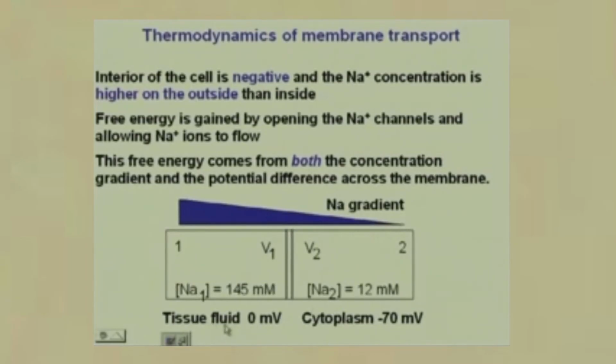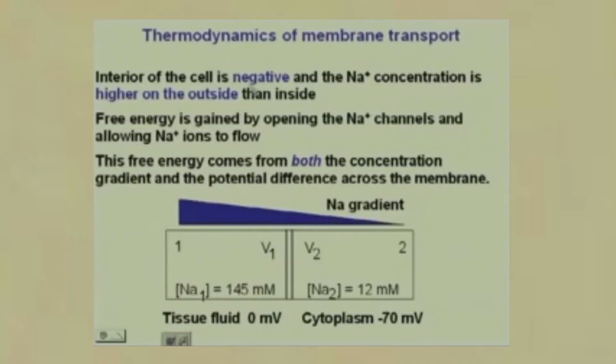So, the tissue fluid has 0 millivolts. The cytoplasm has minus 70. Now, where has this minus 70 come from? It has come because of the ion concentrations being different on either side of the membrane. So, the interior of the cell is negative and the sodium concentration is higher on the outside than the inside. The free energy is gained by opening the sodium channels and allowing the sodium ions to flow. Why? Because your concentration on the other side is low.